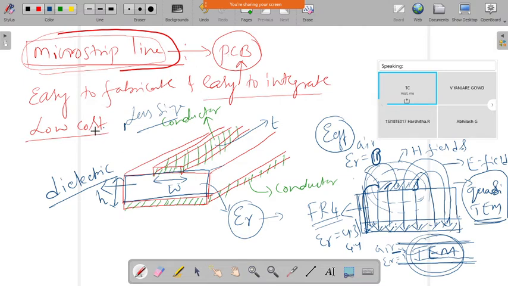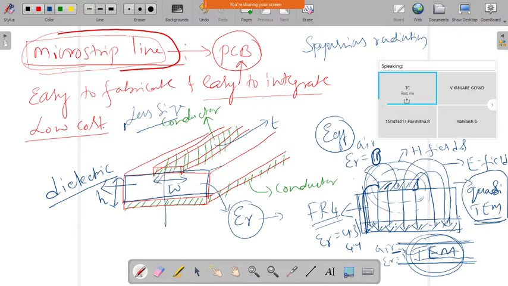Then what are the disadvantages? There is spurious radiation, in the sense that radiation going into the air, so some of the energy will be lost. Also we will have surface wave propagation. That surface wave propagation restricts the power transfer from source to load.